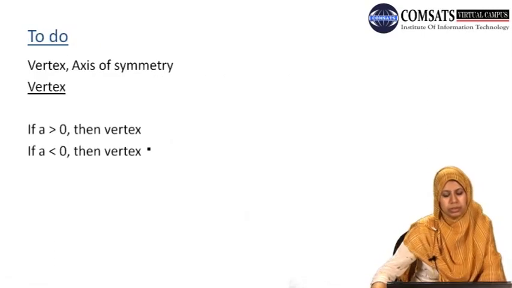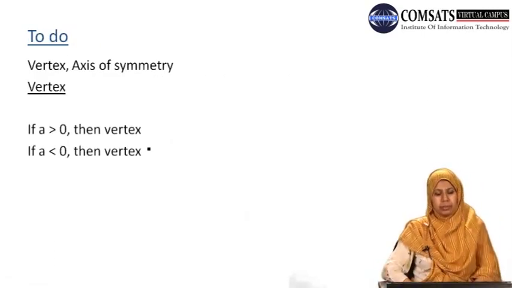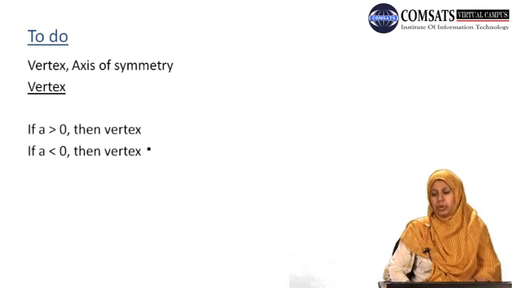Now we come to our today's topic, which is about the vertex of a parabola and axis of symmetry. In our last lecture we said that to sketch the parabola we need four things: concavity, x-intercept, y-intercept and vertex. So far we know how to find the first three things, that is the concavity, x-intercept and y-intercept. Now we want to see how we can find the vertex of the parabola from the quadratic equation.